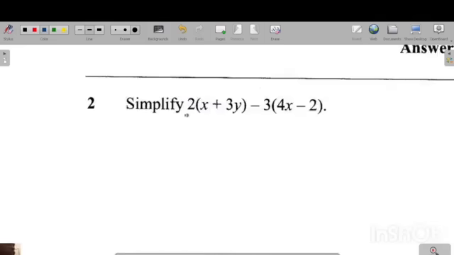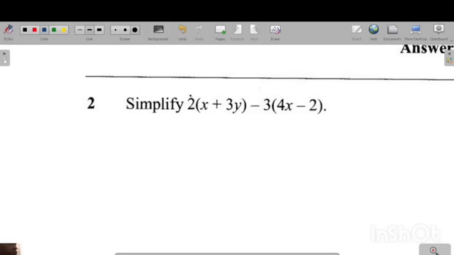The next question says simplify. To simplify means something is looking big and you need to make it look simple. You need to reduce it. When you look at this question, it has brackets. So the first step is to open the brackets, or expand, by multiplying each term outside the brackets by everything inside the brackets.